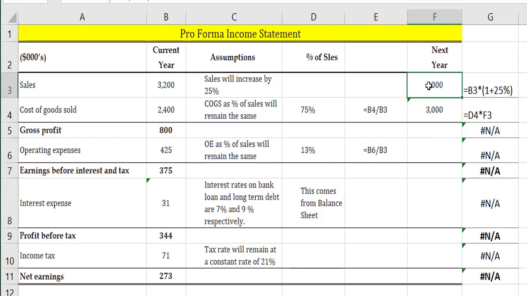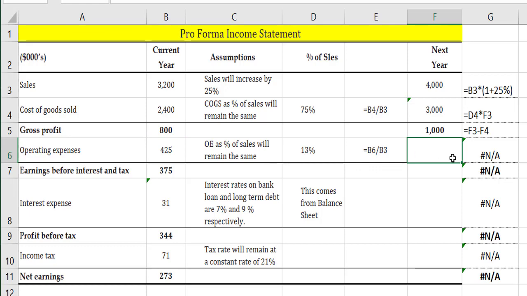Once you know sales and cost of goods sold, you can compute the gross profit, which equals the sales minus the cost of goods sold. So that is 1,000. 1,000 is the gross profit. Now let's compute operating expense. What do we know about operating expense? 13% of current year sales goes towards operating expense, which means if the operating expense ratio is going to remain the same, next year also 13% of sales goes towards operating expense.